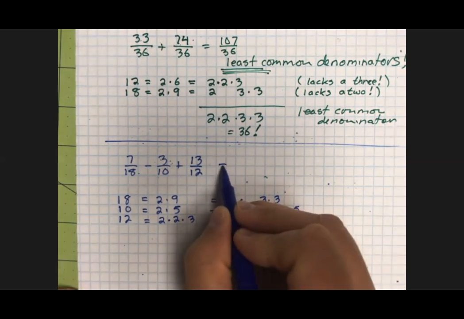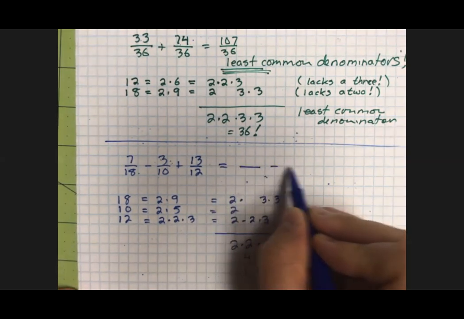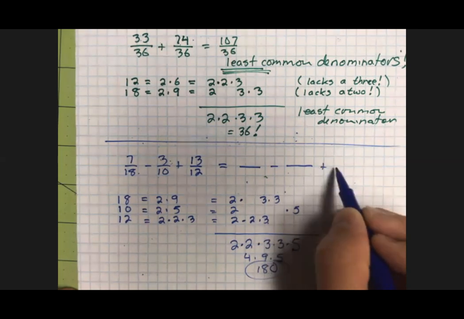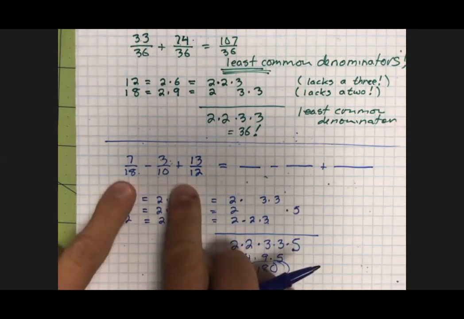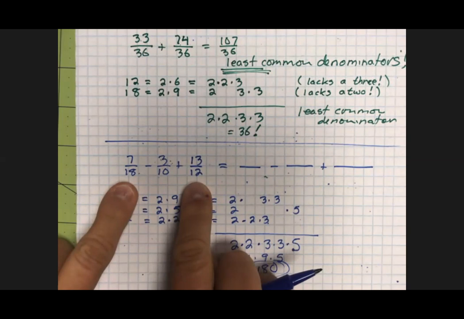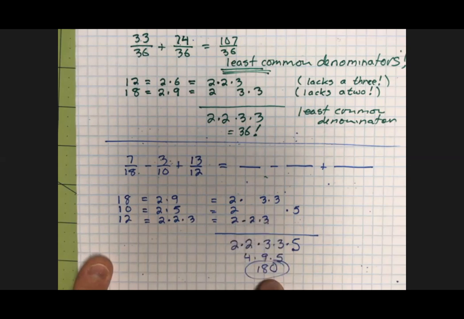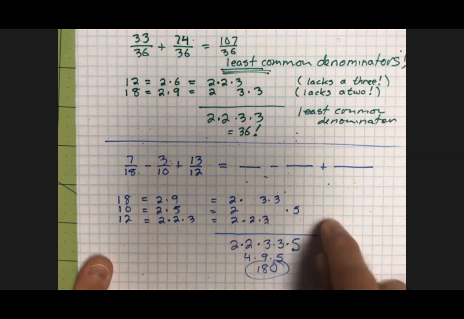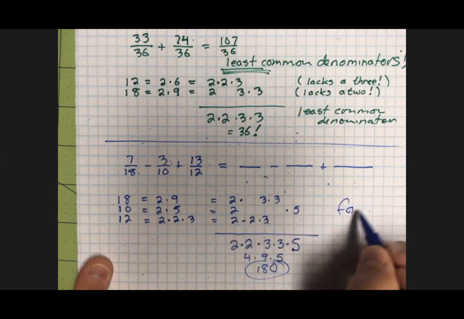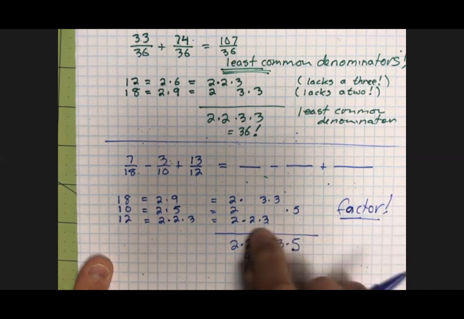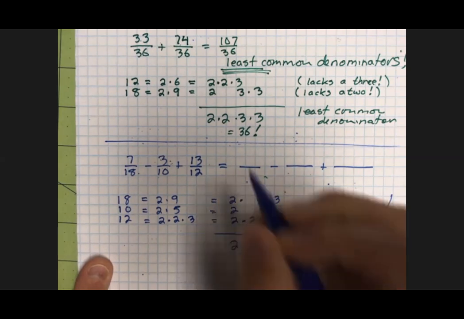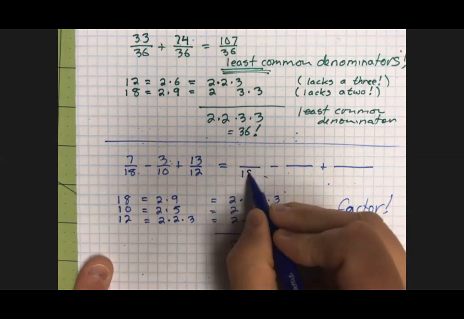But do you see the game here? Almost no one could look at this and just tell me 180. But now that you break these down, you can tell me 180 because you wrote the factors. Factoring is the trick. So now let's change each of these fractions.